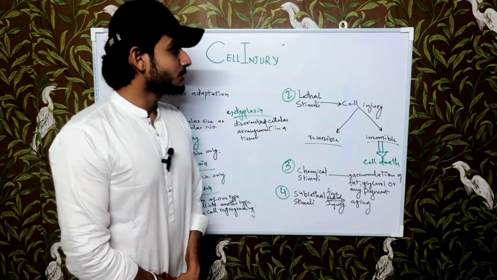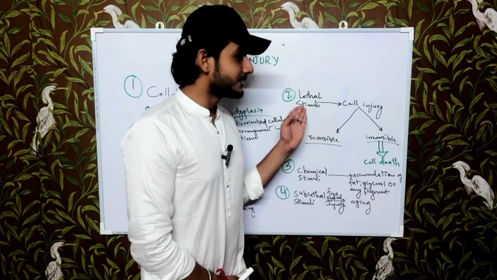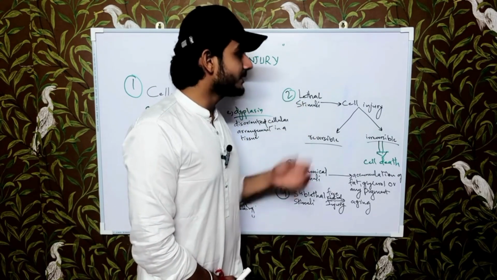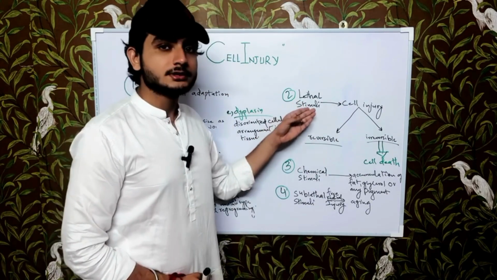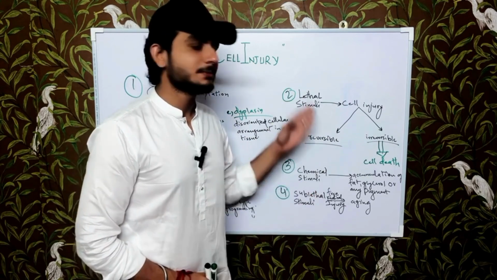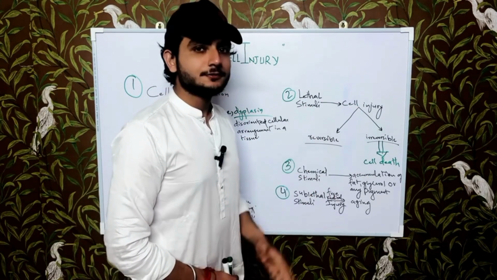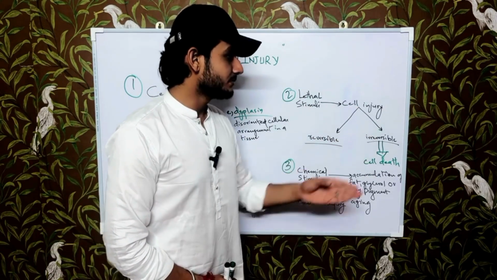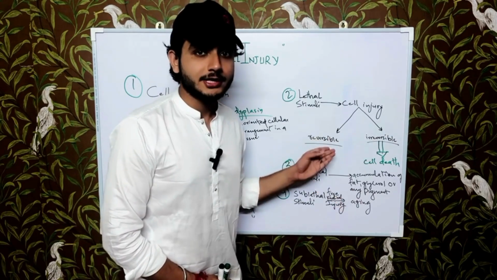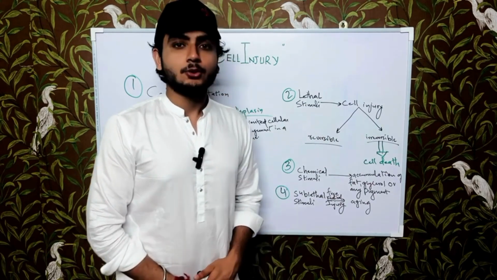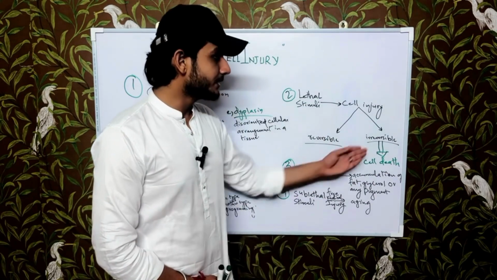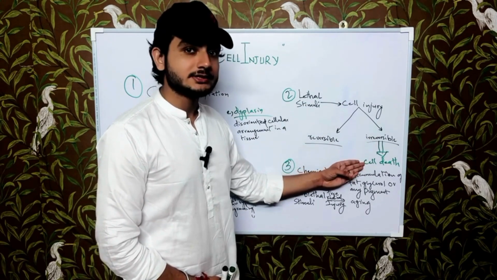Second response: what is the stimulus in this case? The stimulus is lethal. Due to any lethal stimulus, the cell responds by cellular injury. Lethal stimuli include ischemia. Ischemia means reduced blood supply. Cell injury is of two types, reversible and irreversible. Reversible is due to short-lived or mild stimulus, irreversible is due to prolonged or severe stimuli. Irreversible cell injury always leads to cell death.